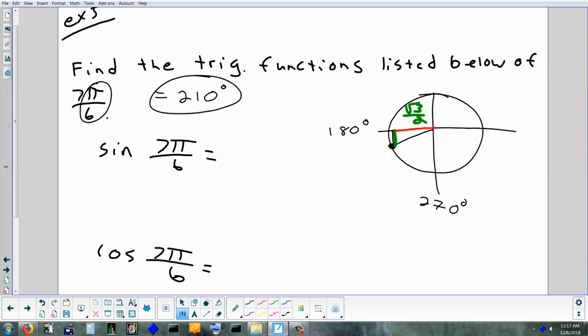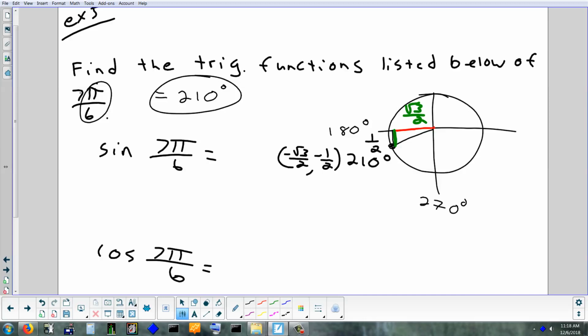And the short side? 1/2. So now we're going to write our coordinate. The leg I drew in red is your x. The leg in green is your y. All right. So what do you think the coordinate is for 210? Yep. Negative square root 3 over 2 and negative 1/2. Yep. So it's negative square root 3 over 2, negative 1/2.